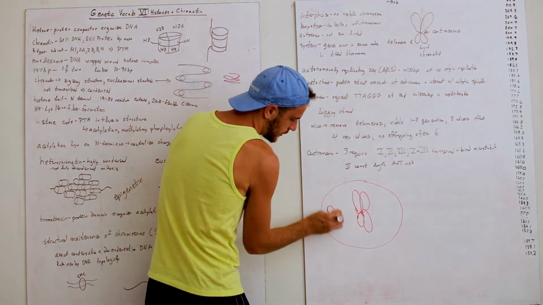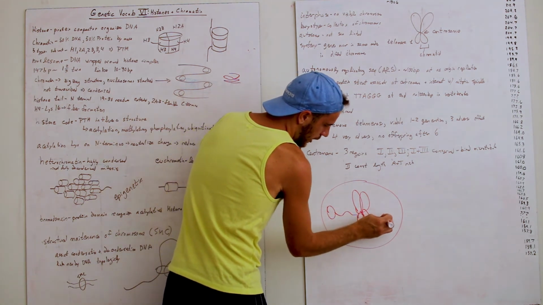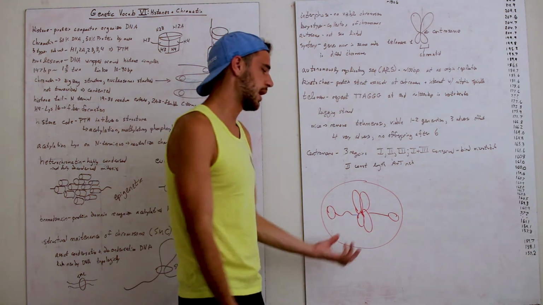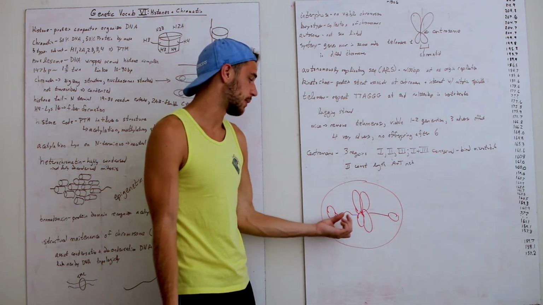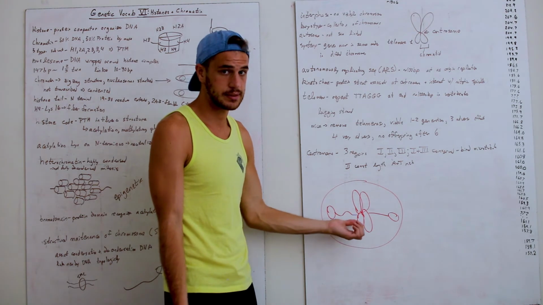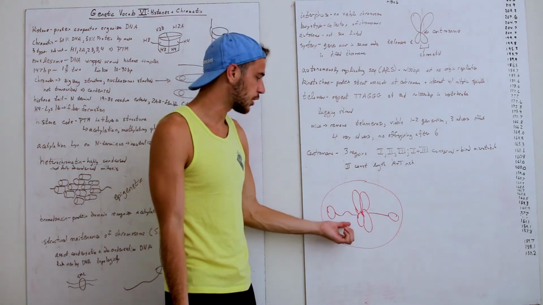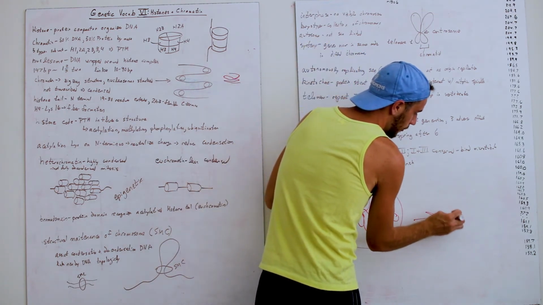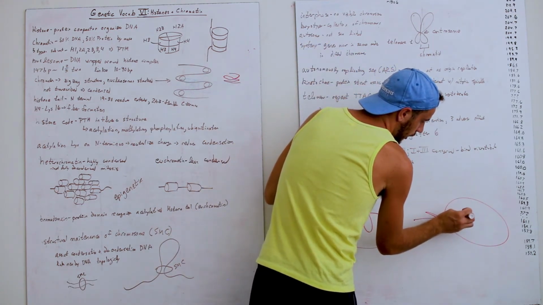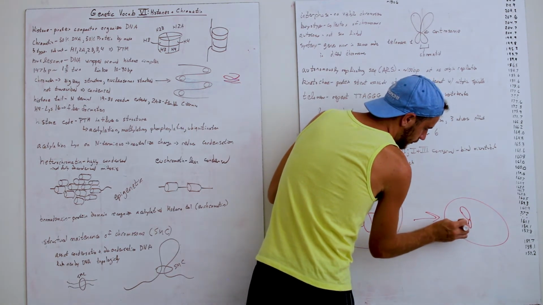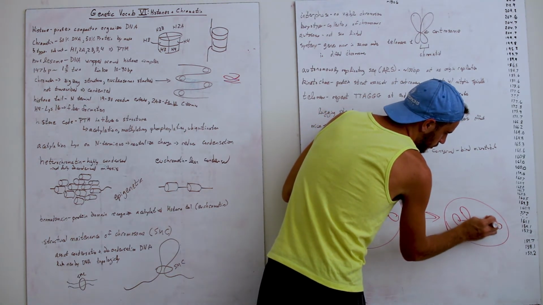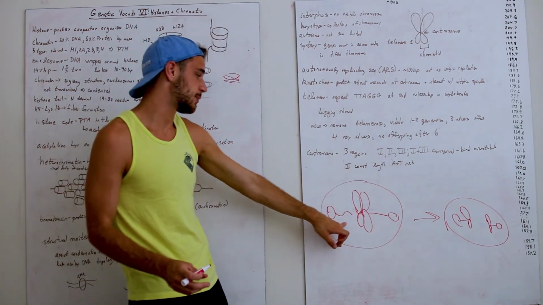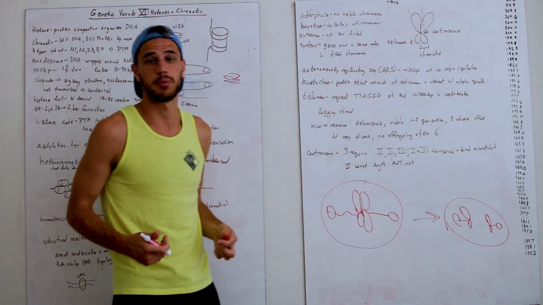And so what happens is that during mitosis, these mitotic spindles actually pull apart this chromosome. So we've got one half of the chromatid on one side, one half on the other. So that's what happens during mitosis: these mitotic spindles are pulling the chromosomes apart.